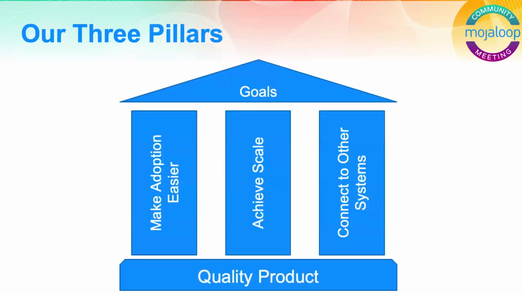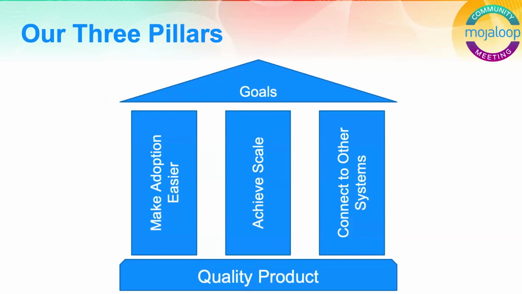Moving on to the business of, oh yes, I should say, all of our work within Mojaloop is based around three pillars. We have work streams which focus on making it easier to adopt Mojaloop. By that we mean the processes around deploying and operating, and just making it easy for people to use Mojaloop.